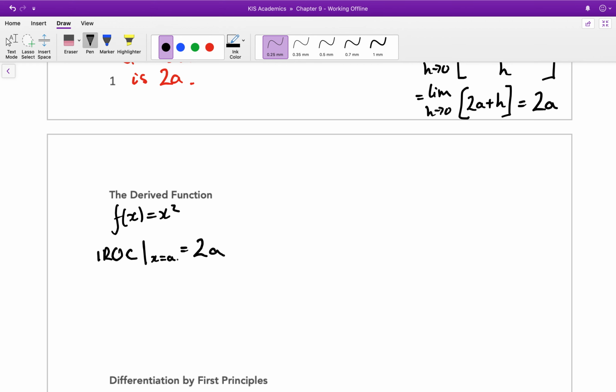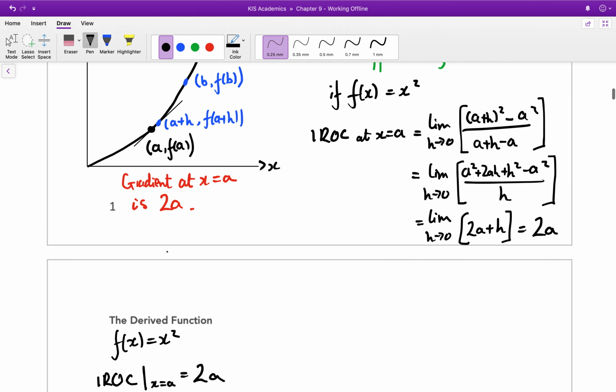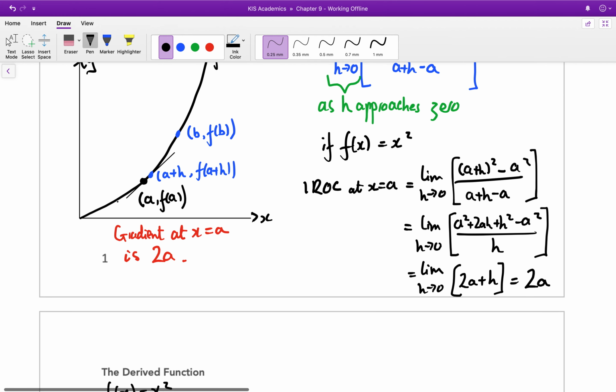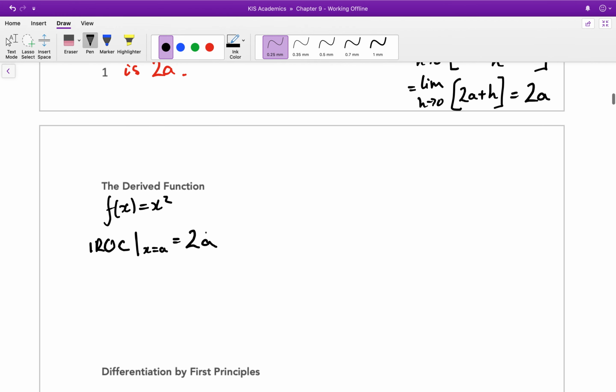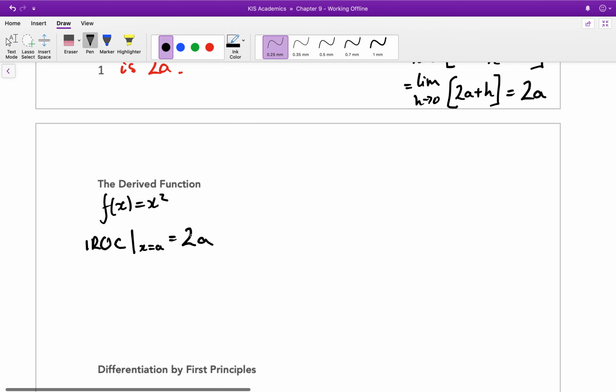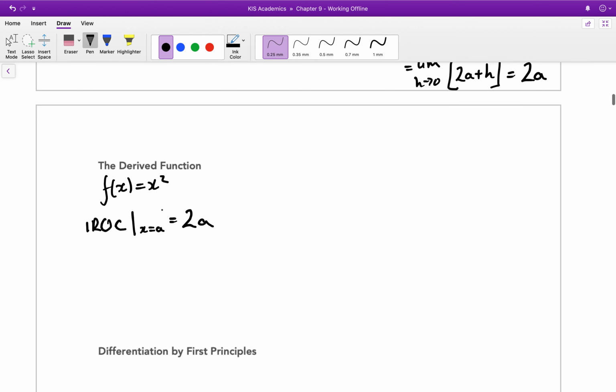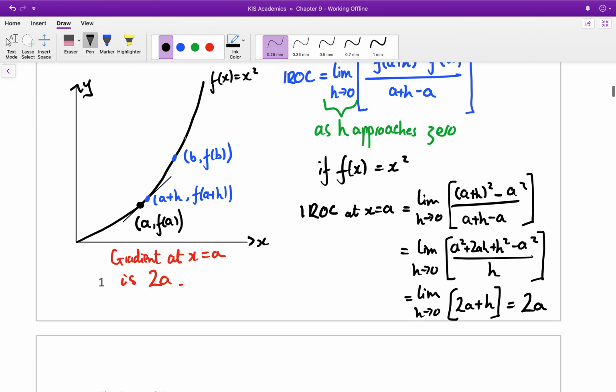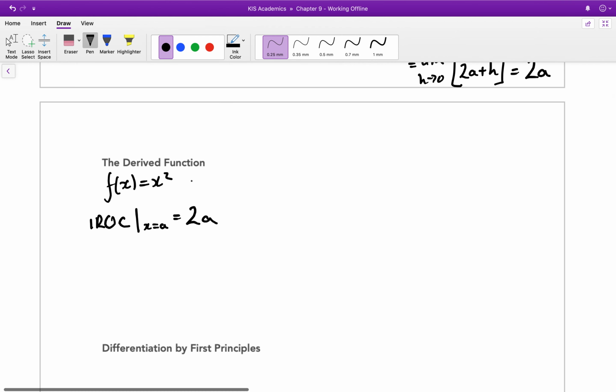But because we never defined a value for a, we know that we can substitute any x value along this graph, and the gradient of the graph at that point is just going to be 2 multiplied by whatever the x value is. So in a sense, we've found a function that will give us the gradient of the graph at any particular point. And this is what we call our gradient function.